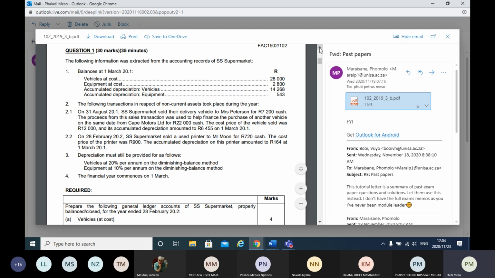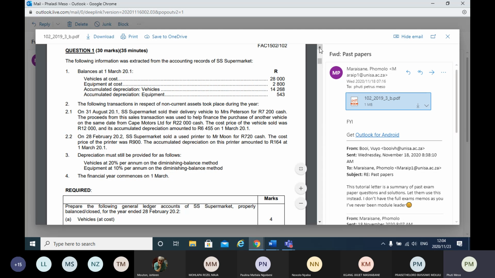You'd know how much am I owing my suppliers? How much are the equities? How much are the assets? They're going to look at those kinds of things. With the PPE, you want to know how much my PPE is worth at the end of the financial period. And that's it.